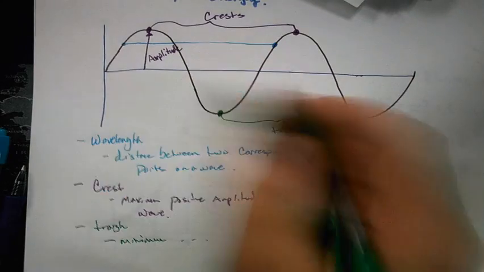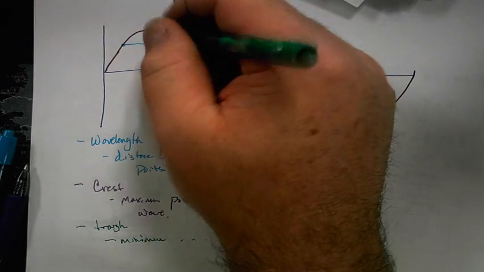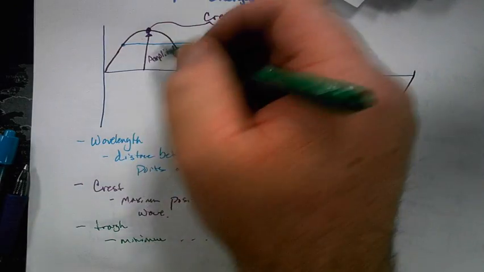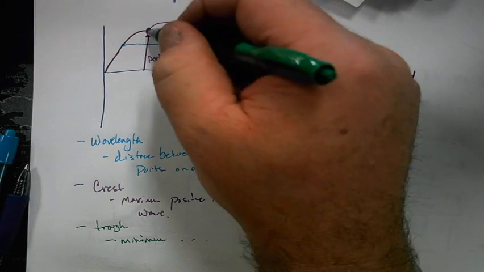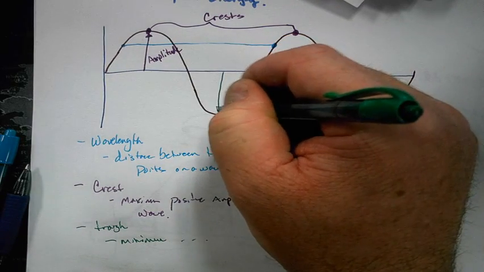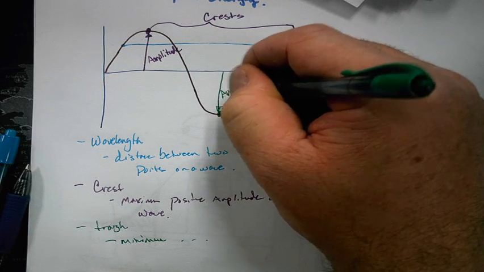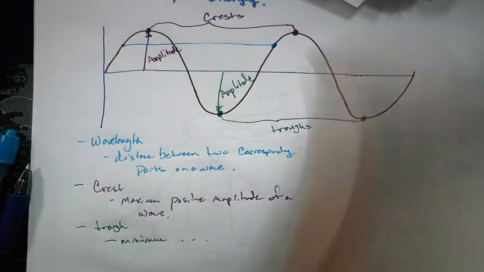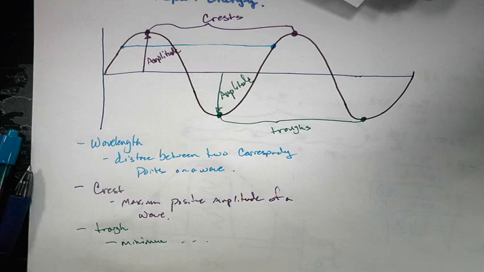The distance from the midline of the wave to the crest or to the trough, these are both amplitudes.